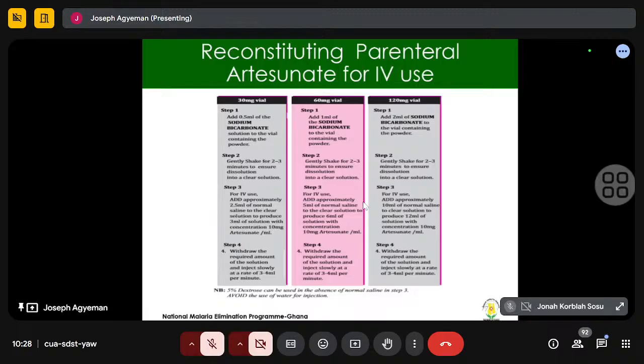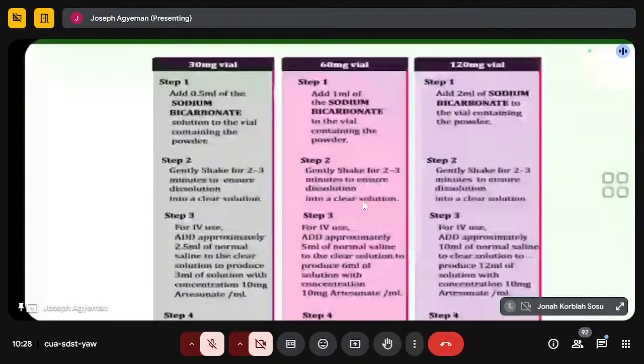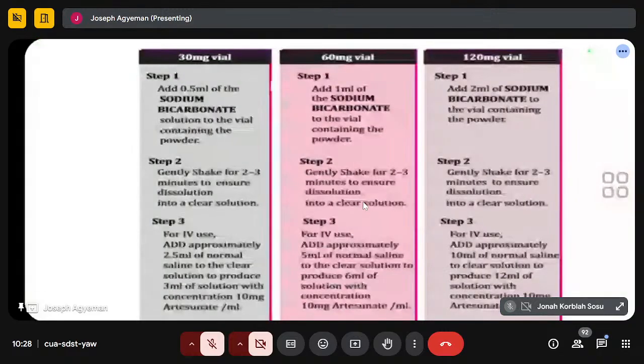After you've added your sodium bicarbonate and you have achieved your sodium artesunate, you have to add the normal saline as the diluent to be able to achieve your targeted concentration. So, for example, if you are learning from first principles, you are using a 30 milligram vial of artesunate. That comes with 0.5 mls of sodium bicarbonate. As for the saline, let's even forget about the volume.